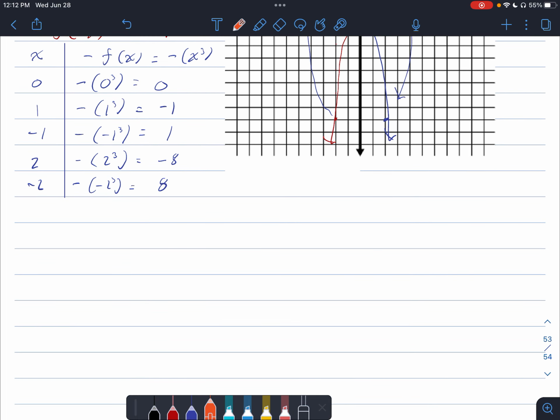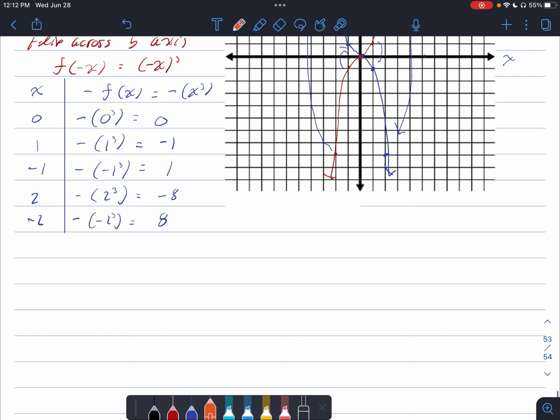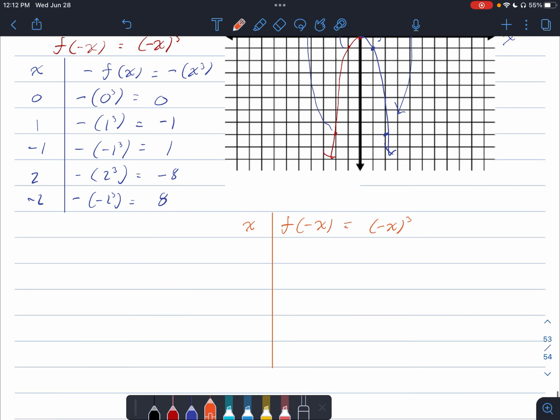Okay, so if we have x and then f of negative x, which is going to be the cube of negative x, and we plot a few of these points. Okay, we're only going to have to plot a couple of these to see where this is going. If we plot 0, again, hopefully we can all see we're going to get 0.